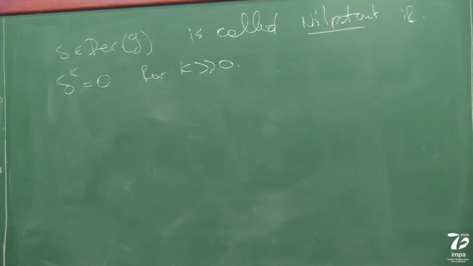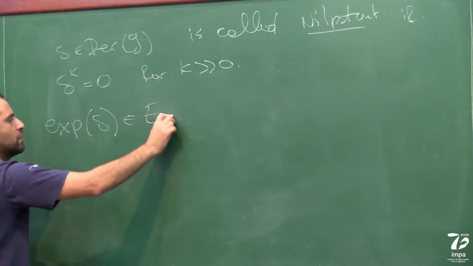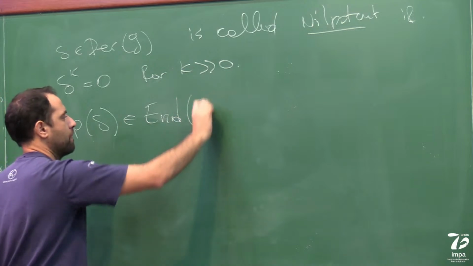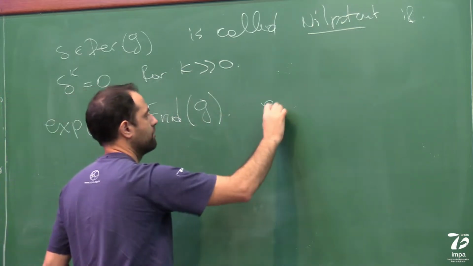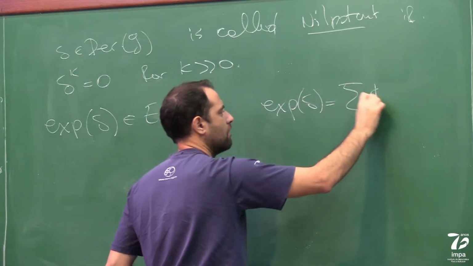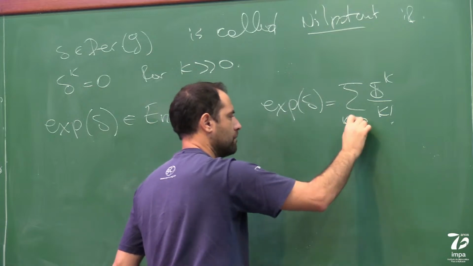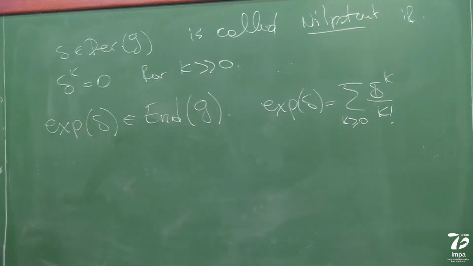Now, if you have such a situation, then the exponential of delta makes sense. It's well defined. It's just the sum of delta to the k divided by k factorial. So that's a finite sum.